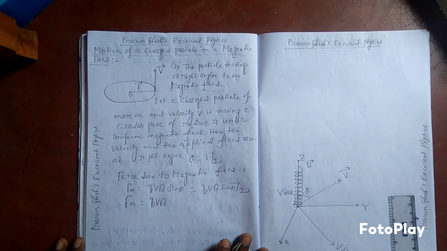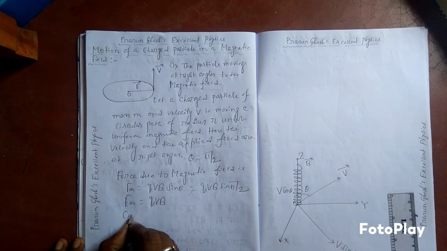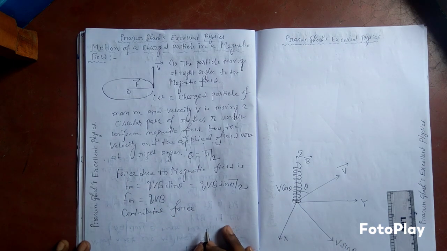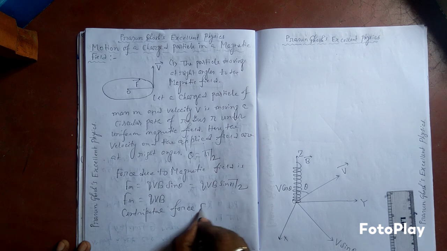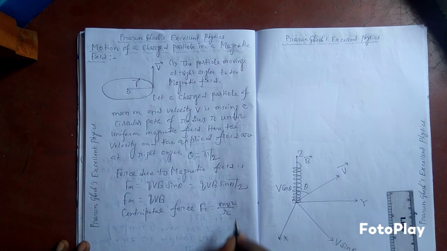Fm means magnetic force. So centripetal force, that is Fc equal to mv square by r.